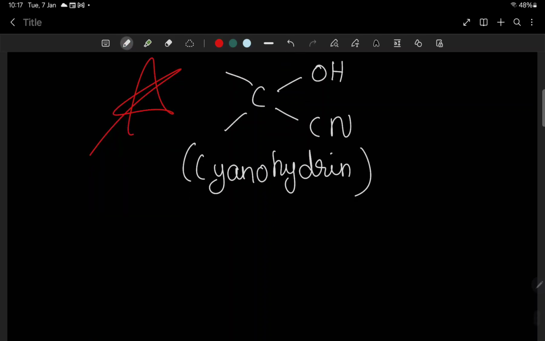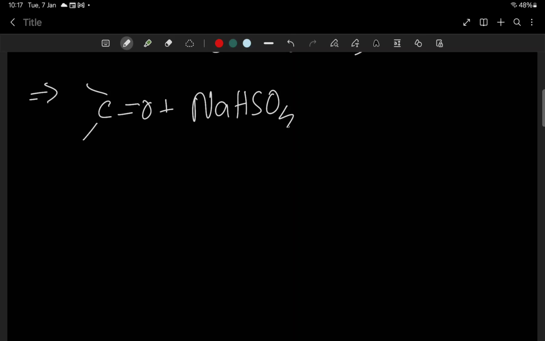Now the next important compound: C double bond O. If you are adding NaHSO3, sodium bisulfite, you rearrange it the same way.